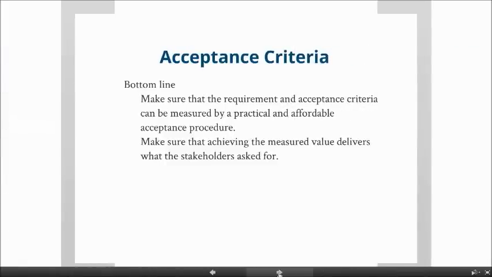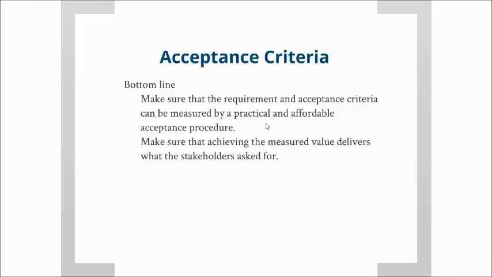So the bottom line for acceptance criteria is make sure that the requirement and acceptance criteria can be measured by a practical and affordable acceptance procedure. Now, something you need to be careful about is if it takes $1,000 to write the code, but $10,000 to test it, you got a problem, and you don't want to do things that way.